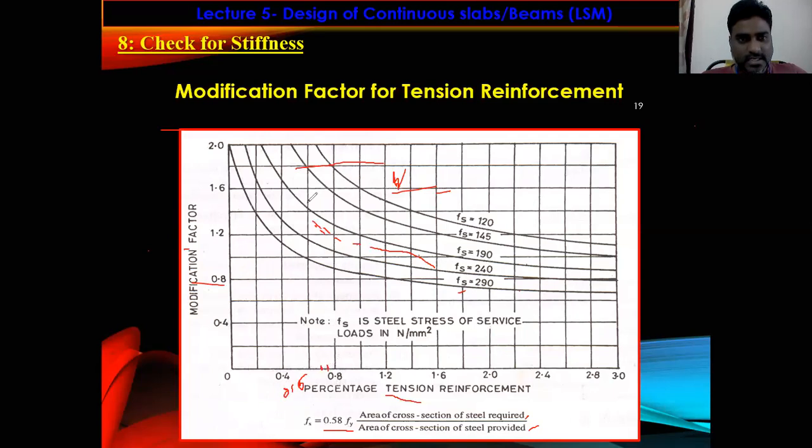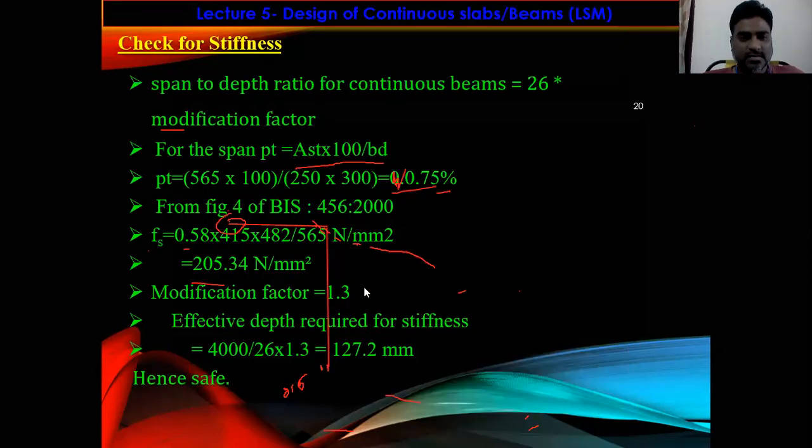If you draw the vertical line, projected, and approximately draw the horizontal line somewhere here, it is near 1.3, because this is 1.2 and 1.6 will be 1.4. So approximately you will get 1.3. So the modification factor is 1.3.